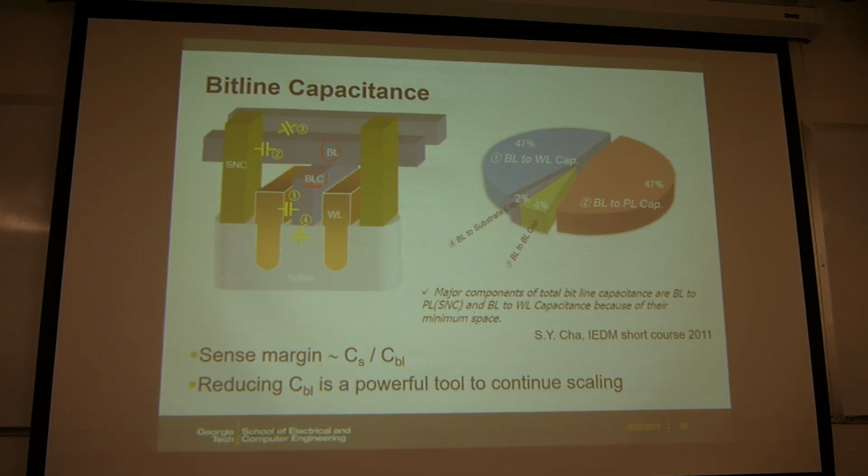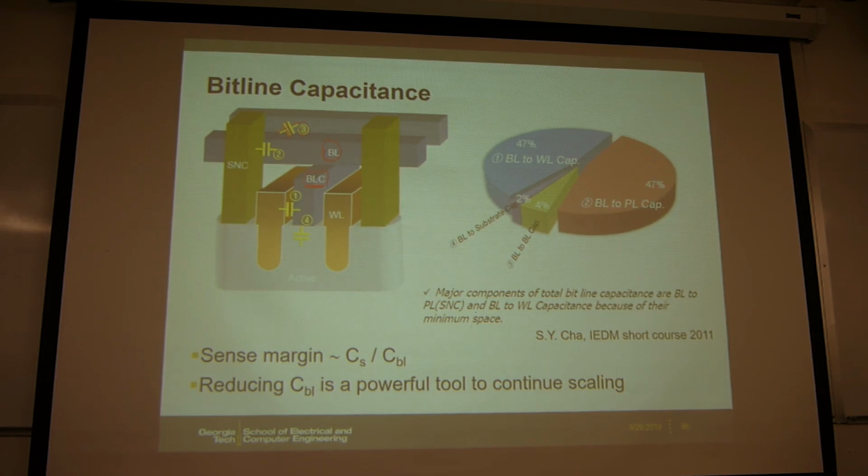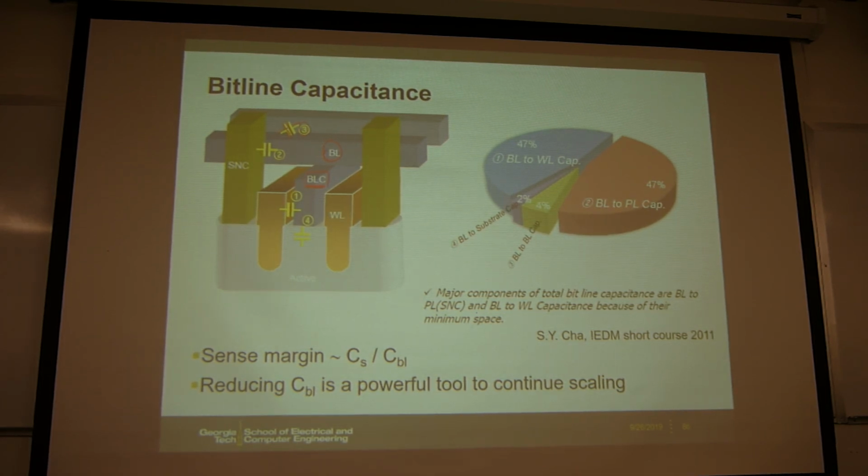For example, number 3 is the Bitline to Bitline coupling, because in between Bitlines you will have the dielectric to separate them. So this is like a parasitic cap. And then the Bitline to the storage node capacitor, because this capacitor is standing up, so the Bitline to that capacitor will have a coupling cap.